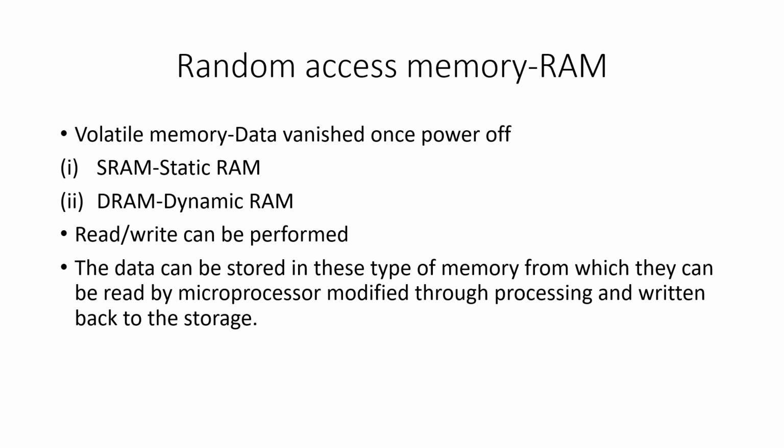But in the case of ROM, read-only memory, we can perform only read operations. The data can be stored in this type of memory, from which it can be read by the microprocessor, modified through processing and returned back to storage. That means we can customize the data in the random access memory.